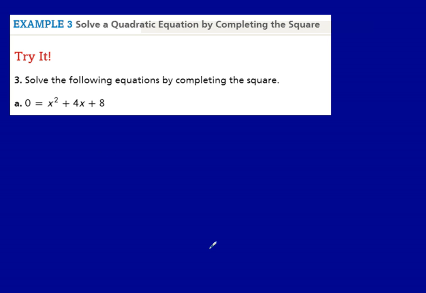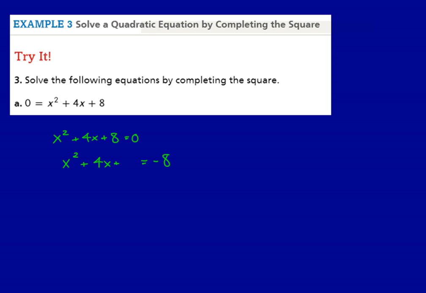Once again, it's kind of written backwards. So let me write this normal. X squared plus 4x plus 8 equals 0. So like I said, your first step is to bring the 8 to the other side and leave a blank. So x squared plus 4x blank equals negative 8.